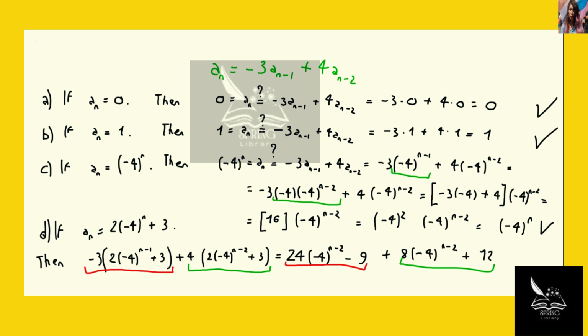Okay, and now again we can collect (-4)^{n-2}. So this becomes 24 plus 8, which is 32, that collects (-4)^{n-2}. And then we have -9 plus 12, which is just plus 3. And now again, we recognize that 32 is twice 16, and 16 is the square of -4.